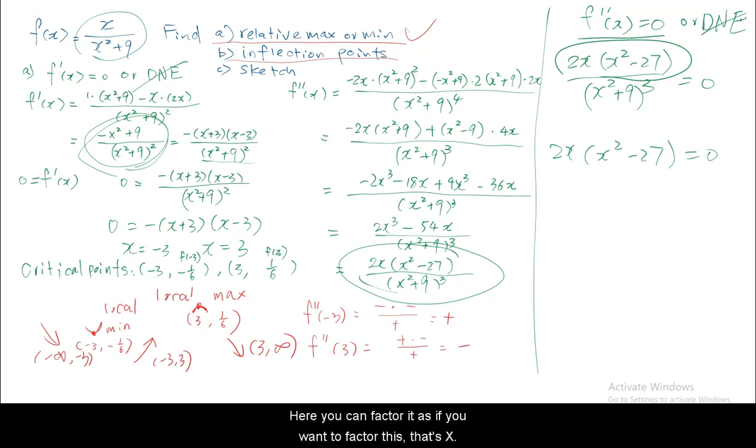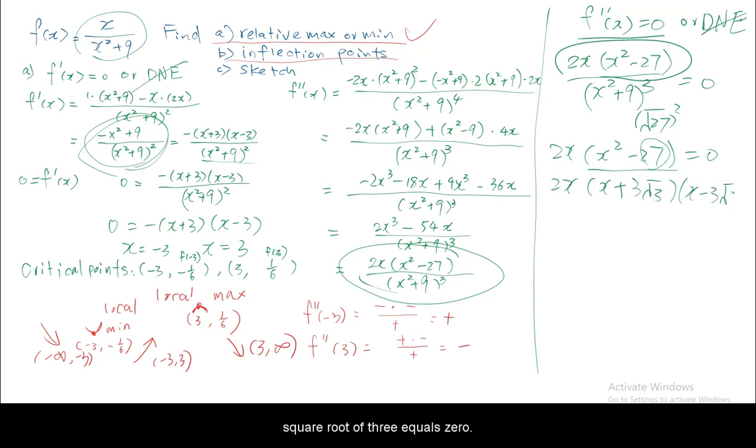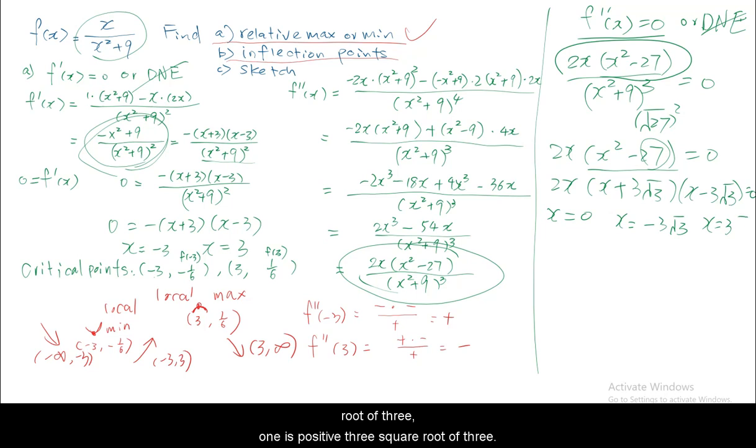If you want to factor this, you see x squared minus 27 as x squared minus square root of 27 squared, so that's x minus 3 square root of 3 times x plus 3 square root of 3 equals 0. Now we have 3 solutions: one is 0, one is negative 3 square root of 3, one is positive 3 square root of 3. Okay, so 3 inflection points.